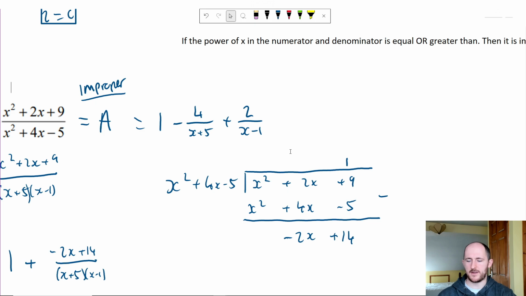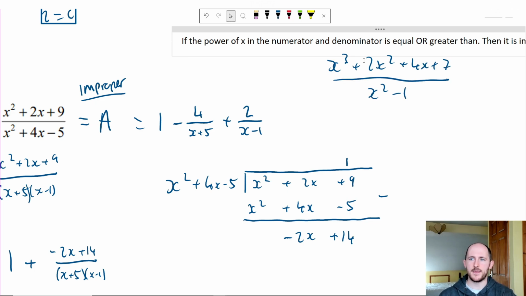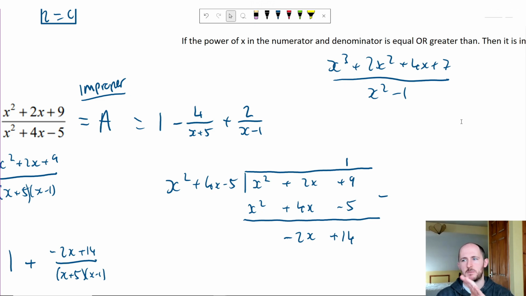So for example, if I had x cubed plus 2x squared plus 4x plus 7 over x squared minus 1, for example, this is improper. Most people are fine with it when the power of x is bigger in the numerator, but keep in mind, even when it's the same, you technically should do algebraic division in order to turn it into, well, basically a normal fraction, right?